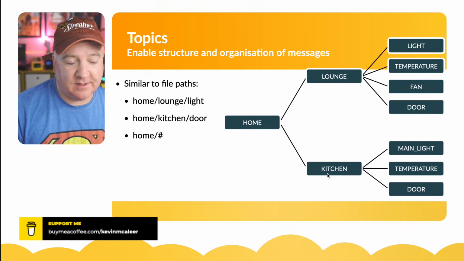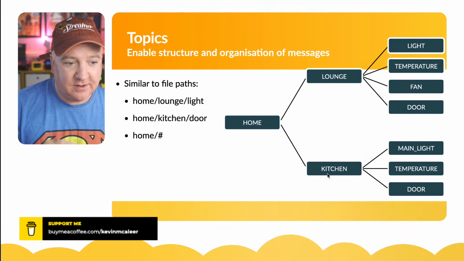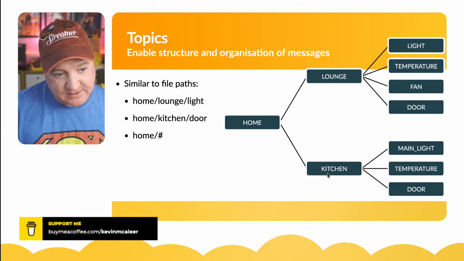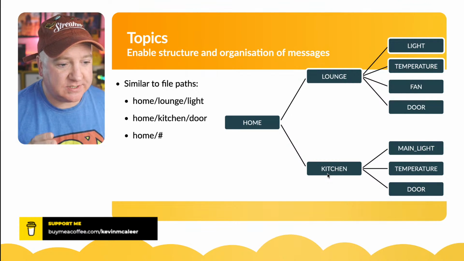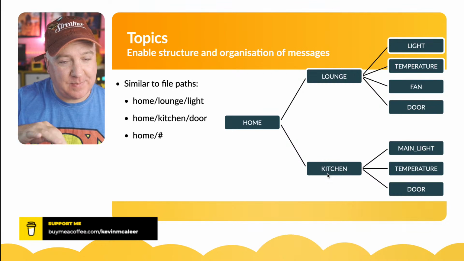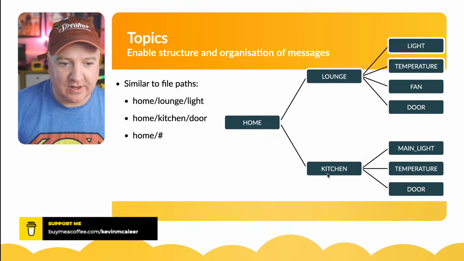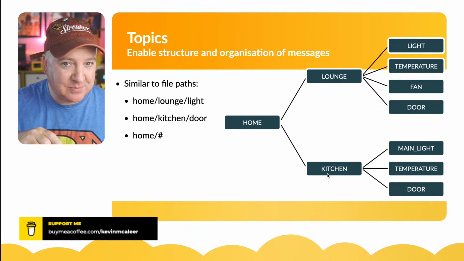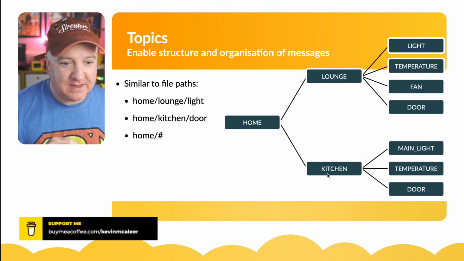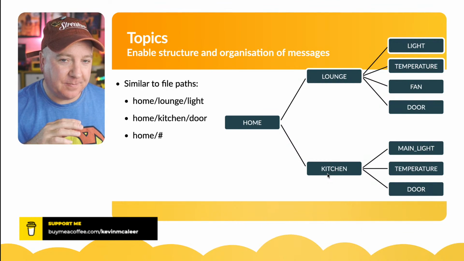So similar kind of links that we would have, like home/lounge/light, home/kitchen/door. Or you could have wildcards such as home/ and then the pound or hash symbol, depending where you're from. And that means anything beneath that. There's also the plus symbol, which we've not got on here, and that means any level in between.